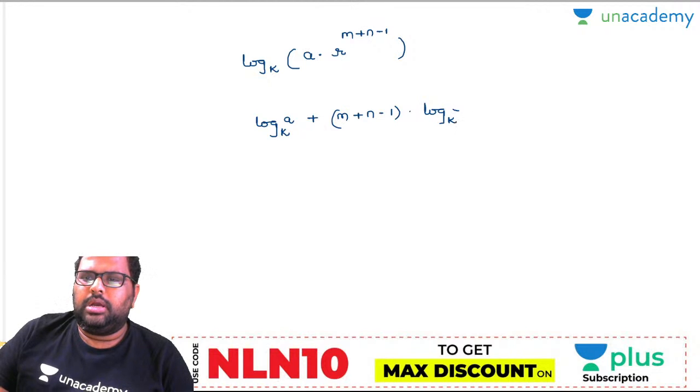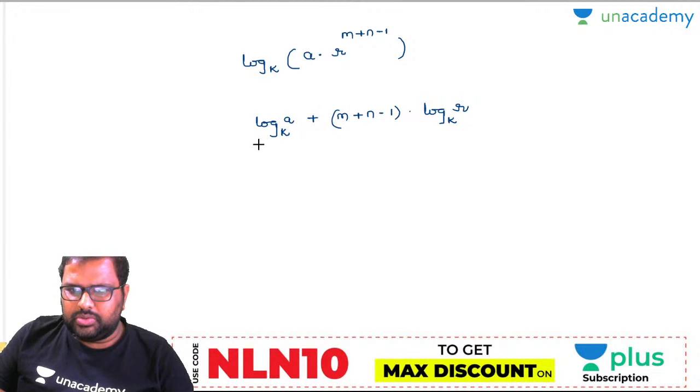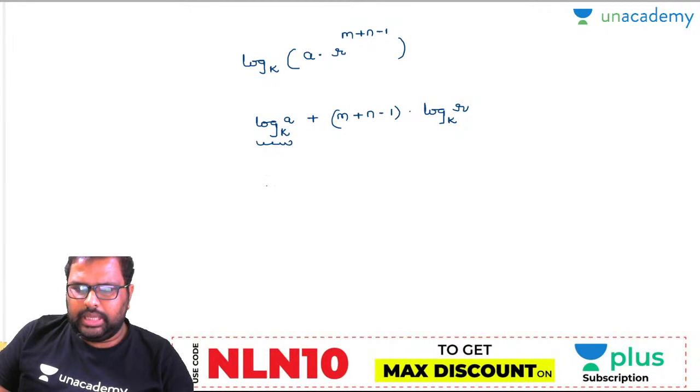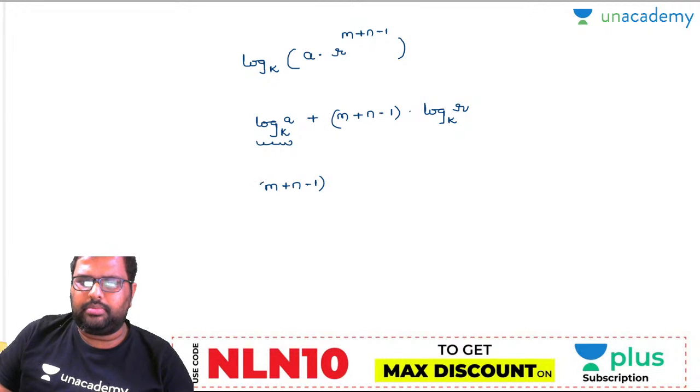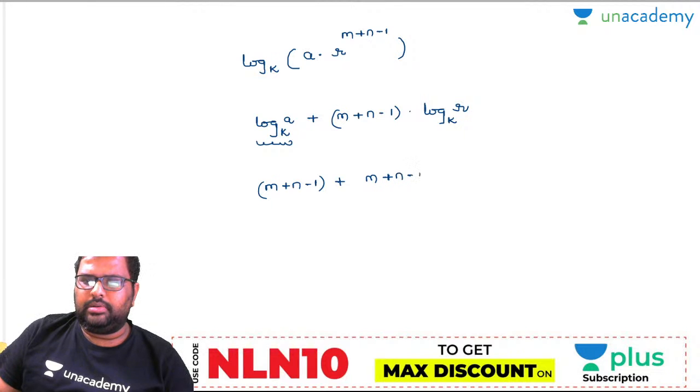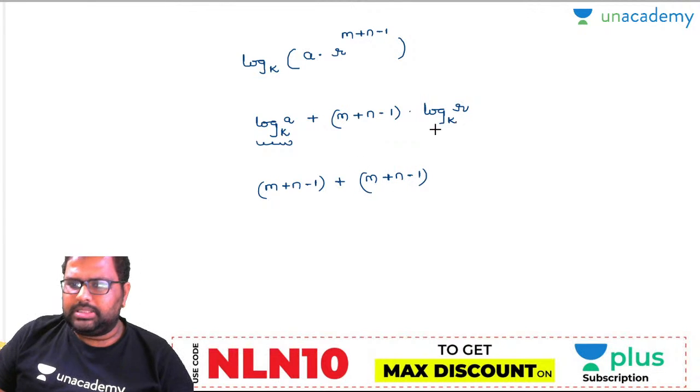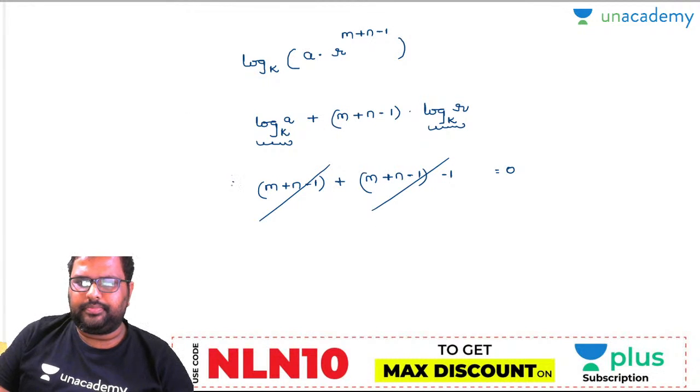And you already deduced the values of these. What is this value? m plus n minus 1 is the value that you have deduced there, plus m plus n minus 1 into log base k r, whose value is minus 1. So finally your answer will be 0.